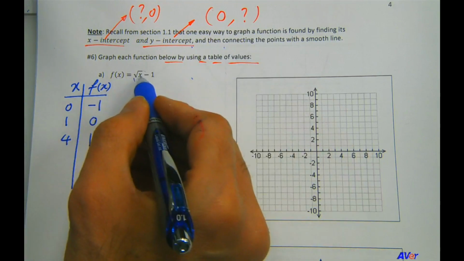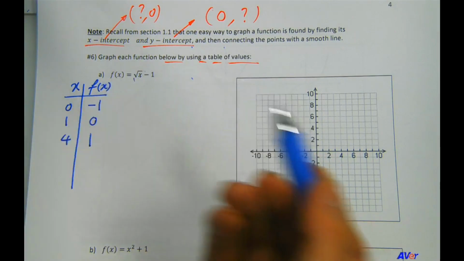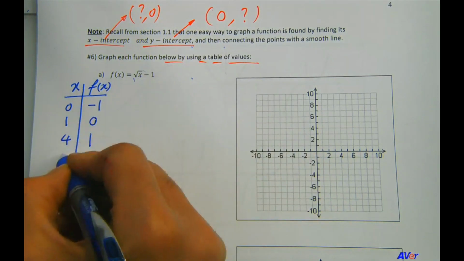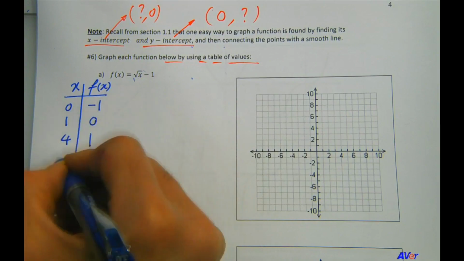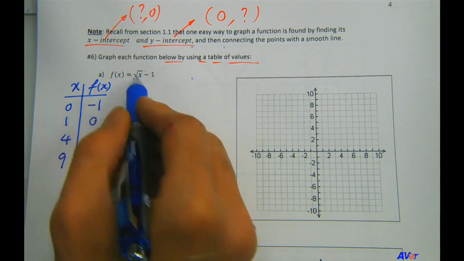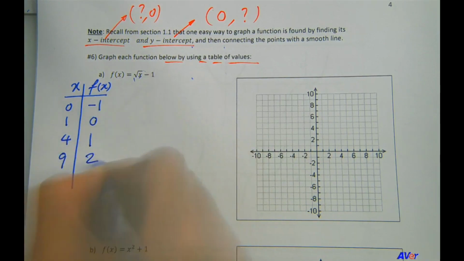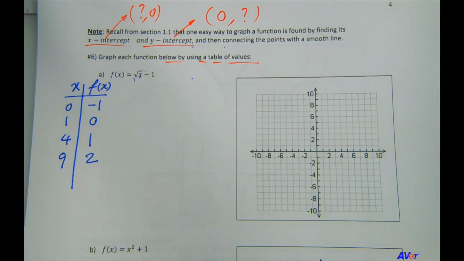I'll pick x equals 9, right? Really easy number for a square root. So if I pick x equals 9, then the square root of 9 is 3, right? 3 minus 1 is 2. So I think that's enough values for us to graph this.